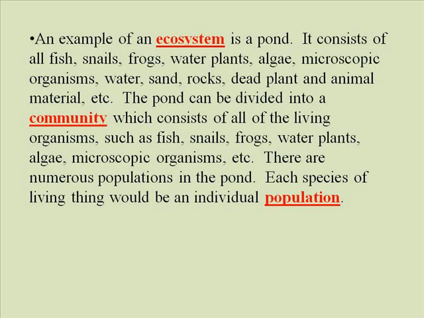If we look at just the community of the pond, we're looking at the living things, the fish, the snails, the frogs, the water plants, the algae, the microscopic organisms. And then we can break it down to a population. So I might have a population of perch or a population of leopard frog. So I can have a specific group which makes my population.